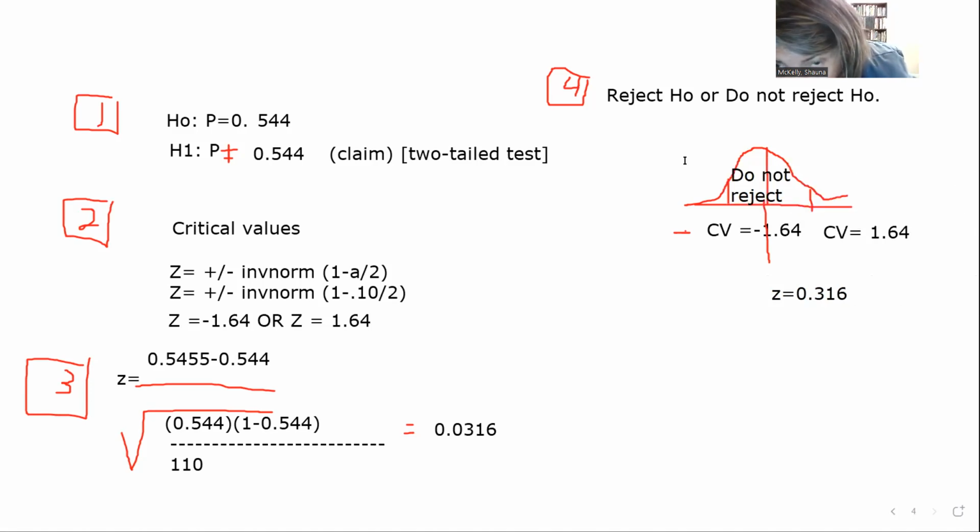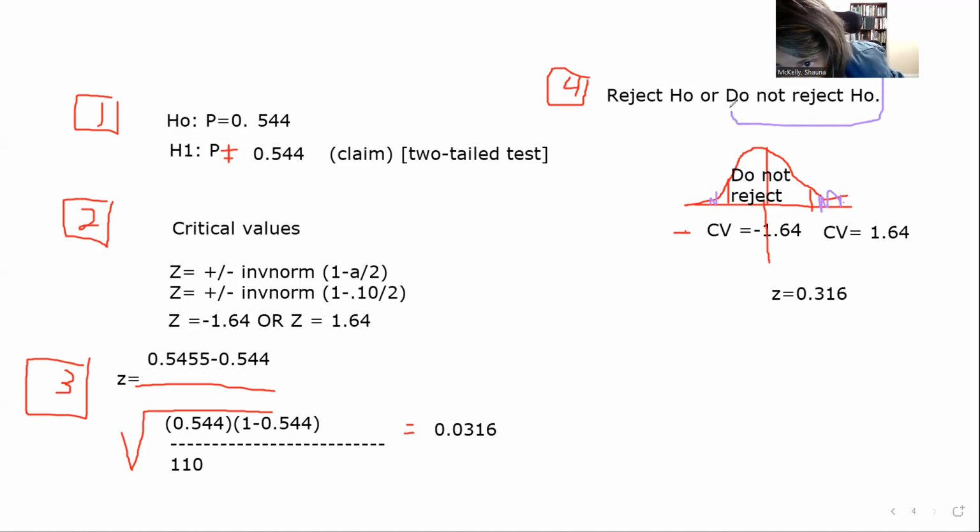Our tails are over here, so we would have to be over here, but our value is too small. So what does that mean? We do not reject the null hypothesis.